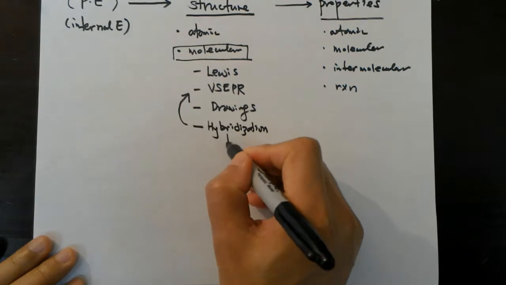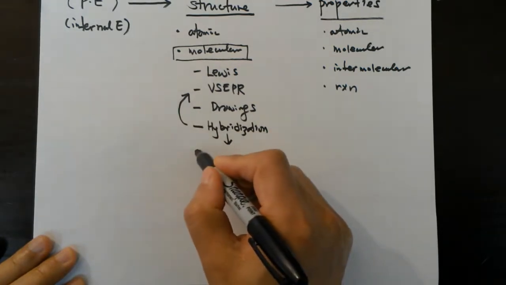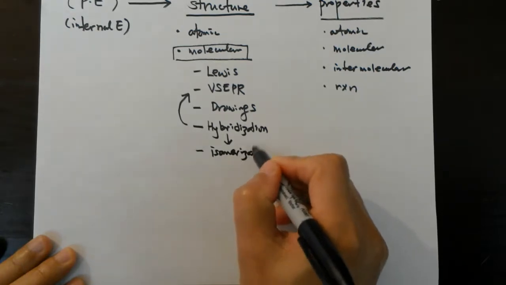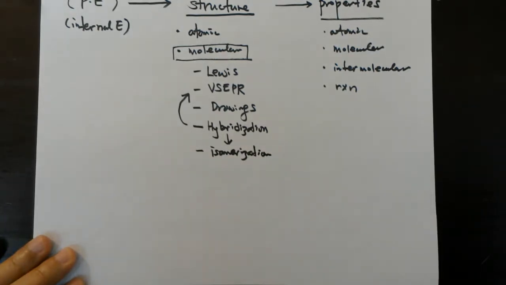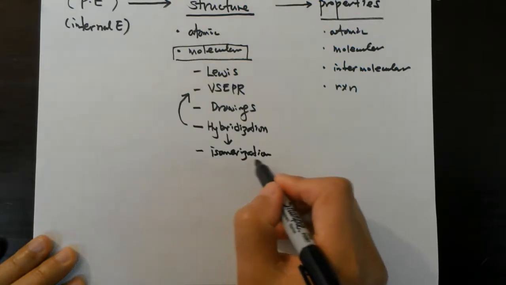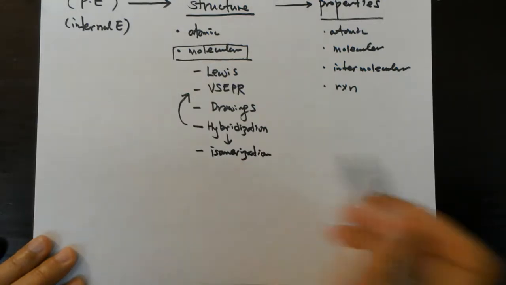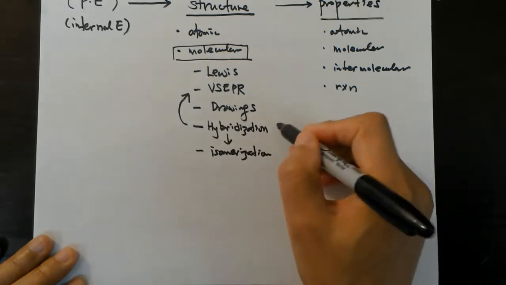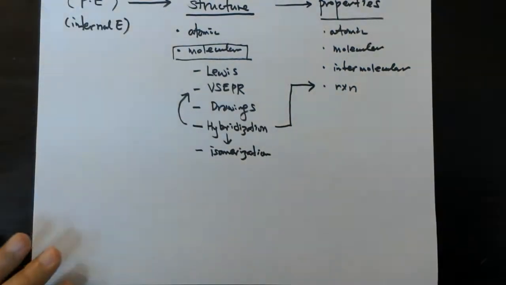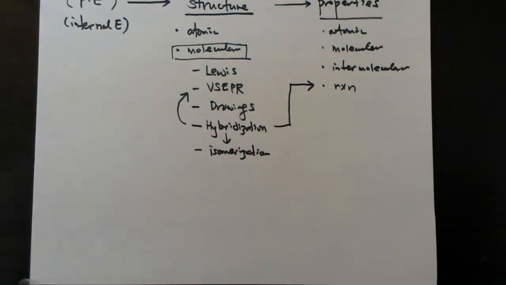This will eventually give you more insight into isomerization between different structures without breaking bonds. It will also make you understand chemical reactions better.